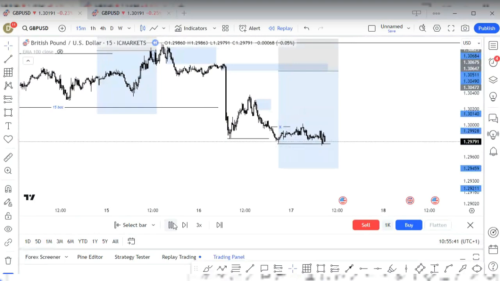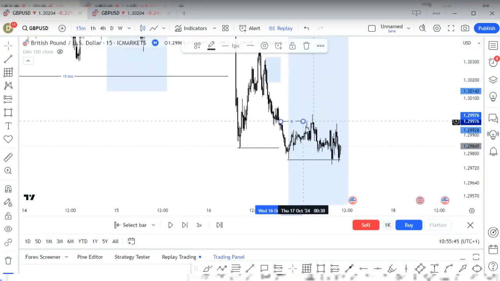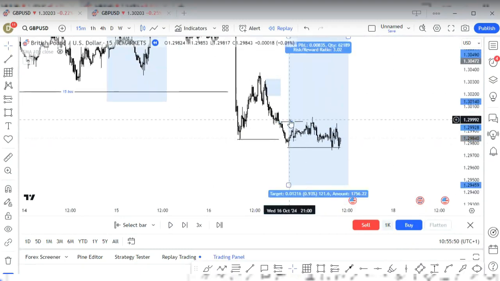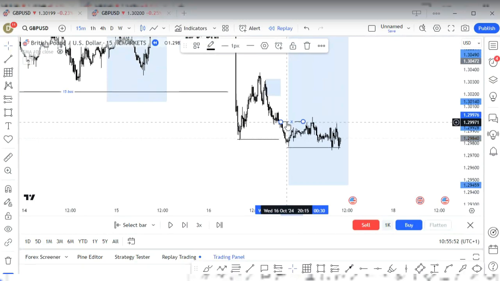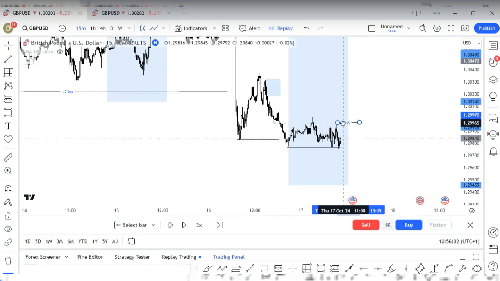Correct. So now you see market sweep this inducement but refuse to close below. So the structure still remains intact. The only thing that will change is we bring out our inducement to the new inducement, which is here, that the market just created.